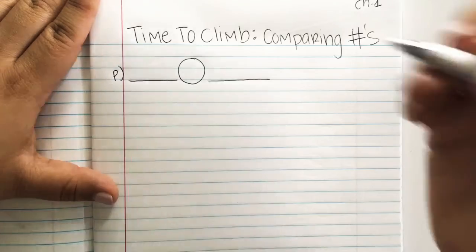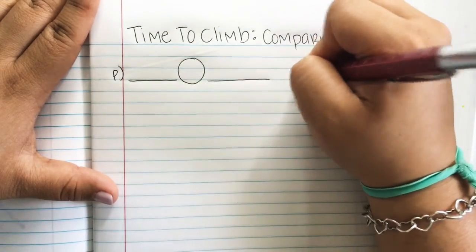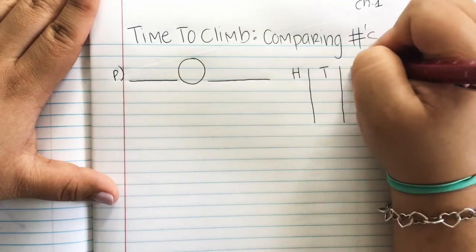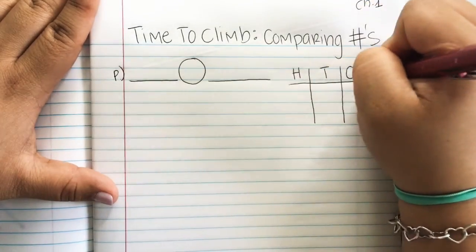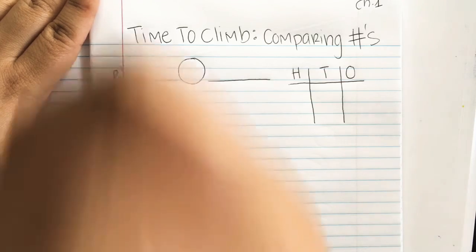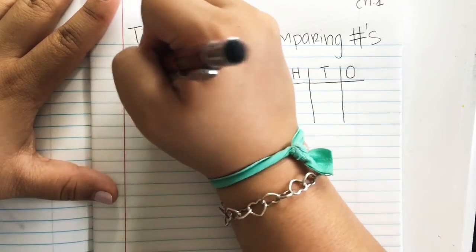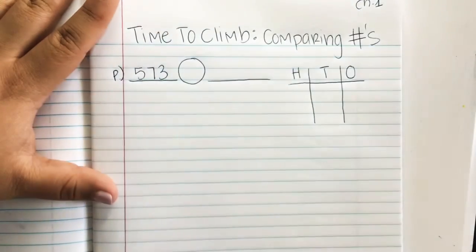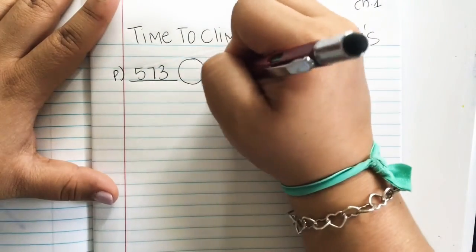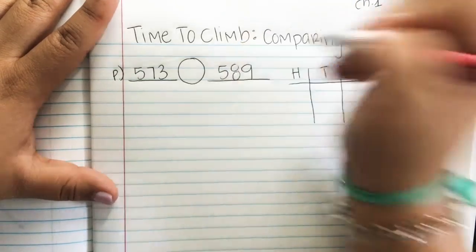And when we compare numbers, we need our place value chart. Hundreds, tens, ones. So the number that I'm going to start with, and it's just a random number that I chose, I'm going to do 573. And then my next number, I'm going to do 589.